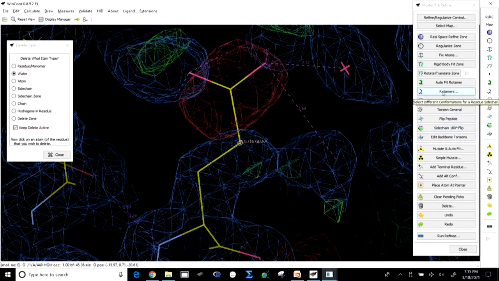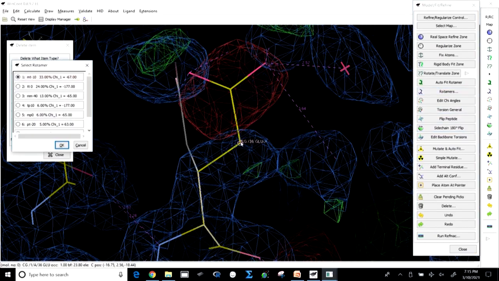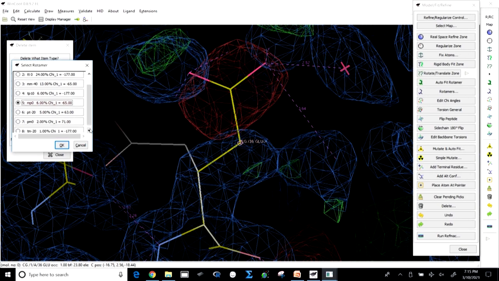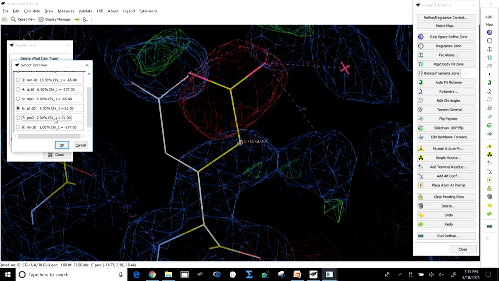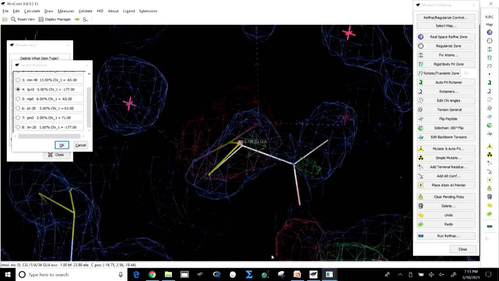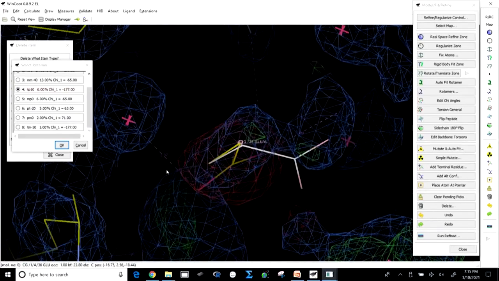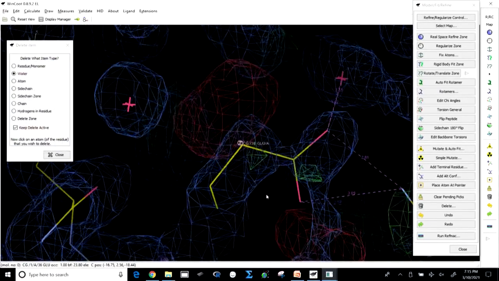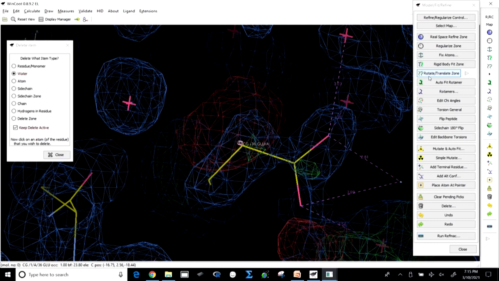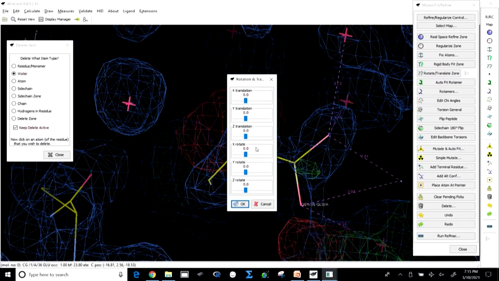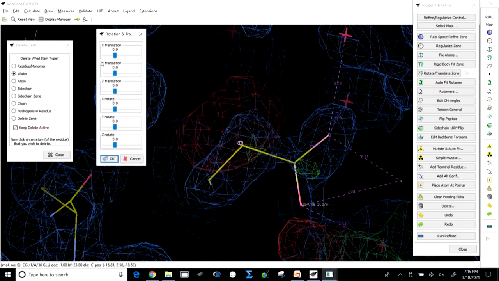Then you go to rotamer, you search for rotamer, you do not get it, but you get the closer one. So, you accept it.